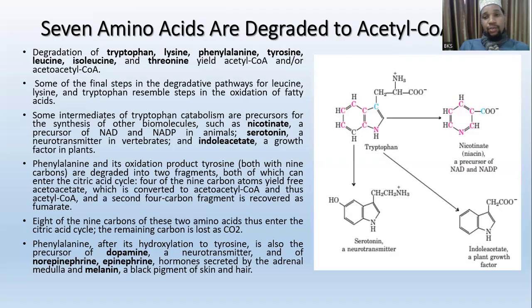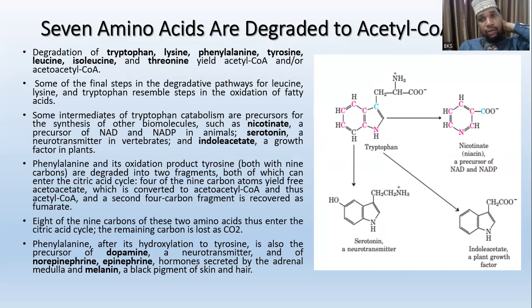One of them is tryptophan, and we have seen how a part of tryptophan is clipped to remove alanine in the previous reaction. We will see what happens in these next reactions and how that finally leads to acetyl-CoA. We'll also see lysine, phenylalanine, tyrosine, leucine, isoleucine, and threonine.